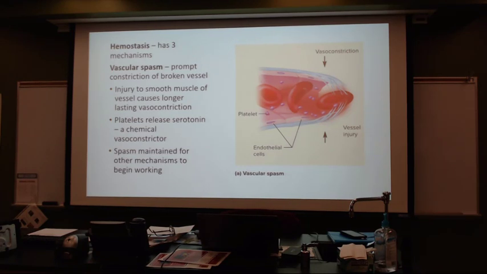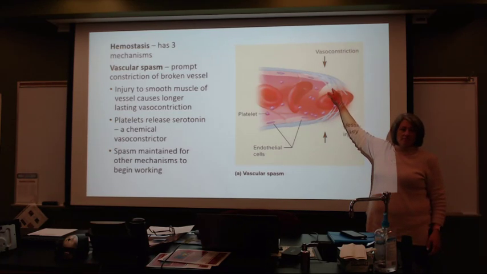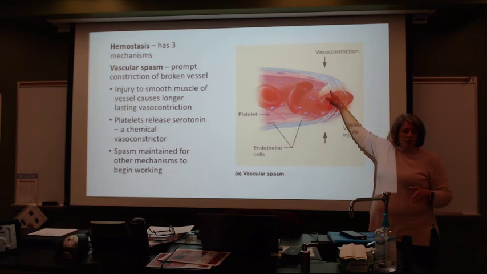So they give rise to fibers. What do you notice about the break in the vessel in this picture? Does it look fibrous? Yes. This is why we need those fibroblasts, because they will come in and they will help with that healing.